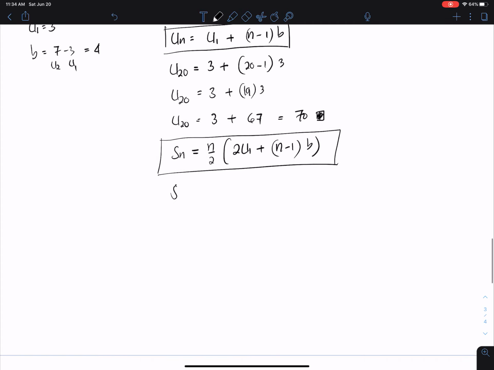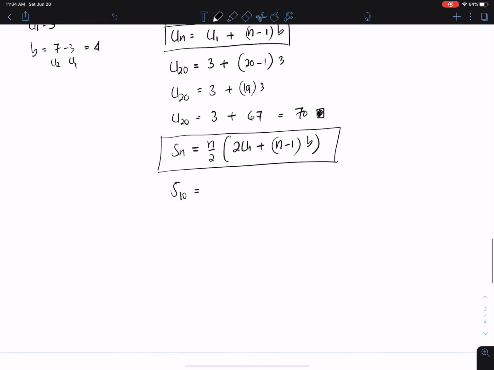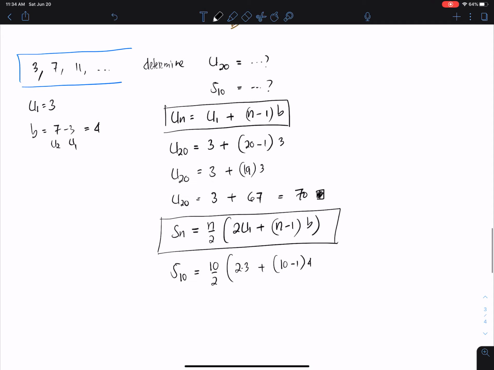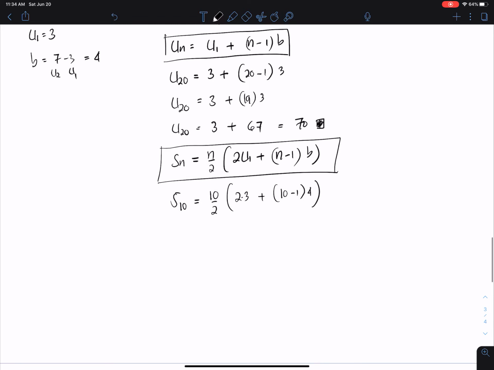So S10 definitely is 10 over 2, 2 times our U1 earlier is 3, plus 10 minus 1 times the difference is 4. Right? Yes, it is 4.